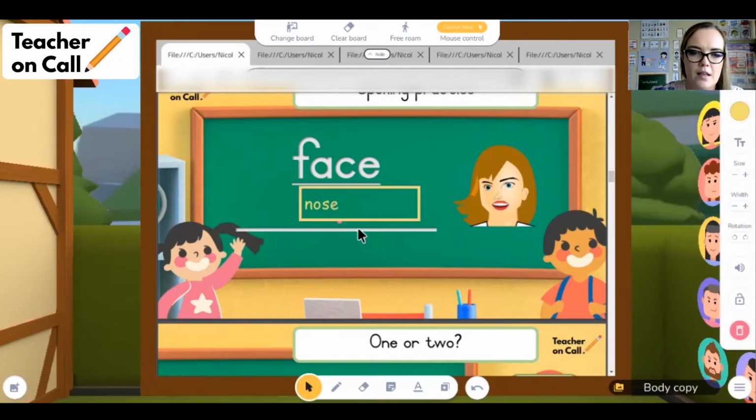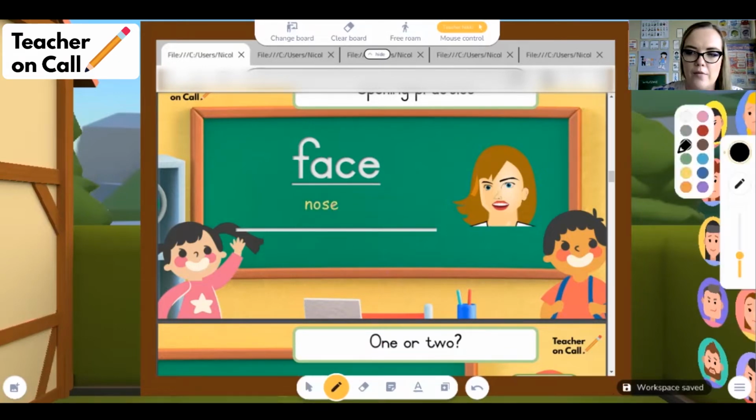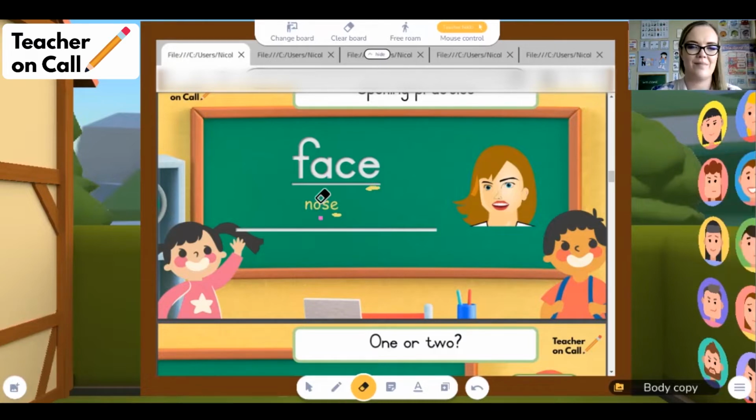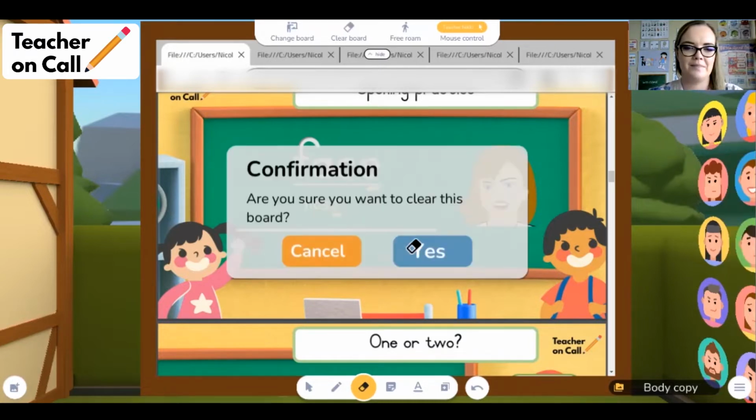So face and nose both have a silent E. We don't say the E in face and nose. But because there's an E at the end of face, the A becomes ay, face. And the O becomes oh, nose. Nose and face.